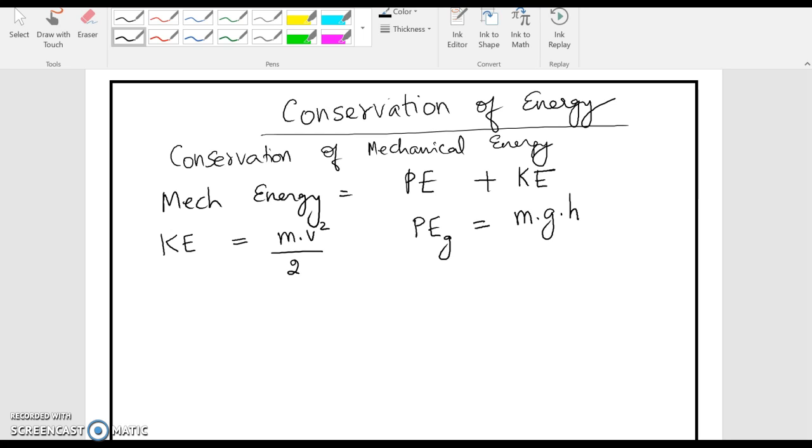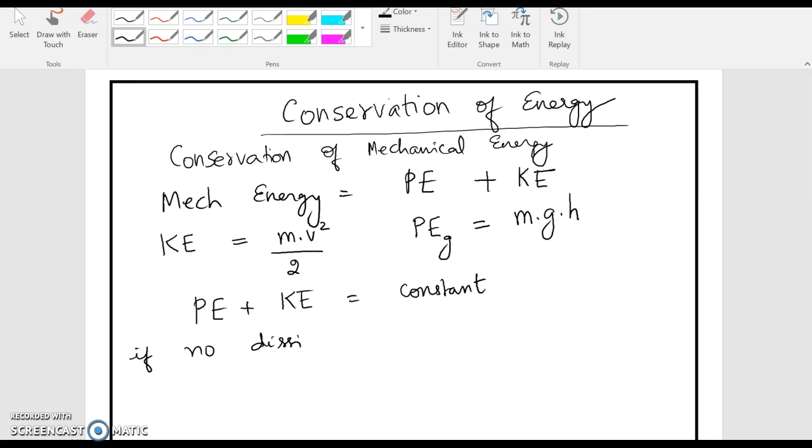So, for a system, the sum of potential and kinetic energy stays constant provided there are no dissipative forces present in the system.